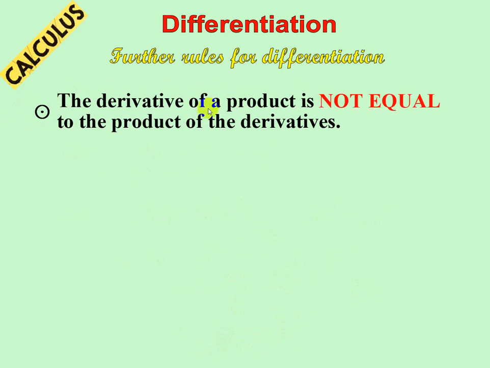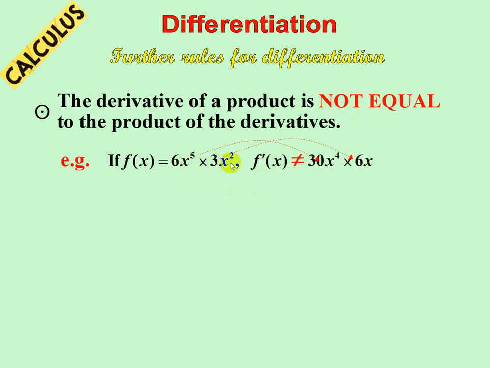Derivative of a product is not equal to the product of the derivatives. If you have 6x to the 5 times 3x squared, we cannot say 30x to the 4 times 6x to the 1.